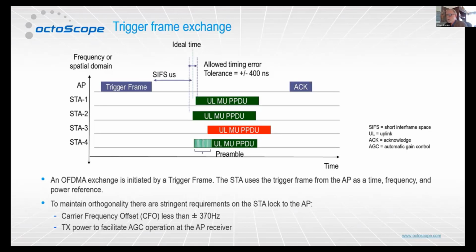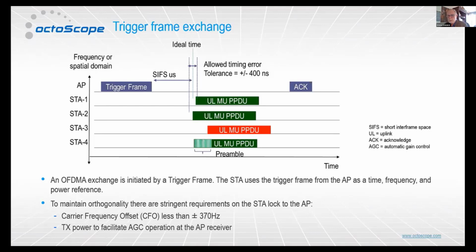There are very stringent requirements on the timing of devices to respond. Ideally, they should all respond simultaneously. So there is a tolerance allowance of plus or minus 400 nanoseconds that they have to meet. And this is actually tested by Wi-Fi Alliance in their certification program.